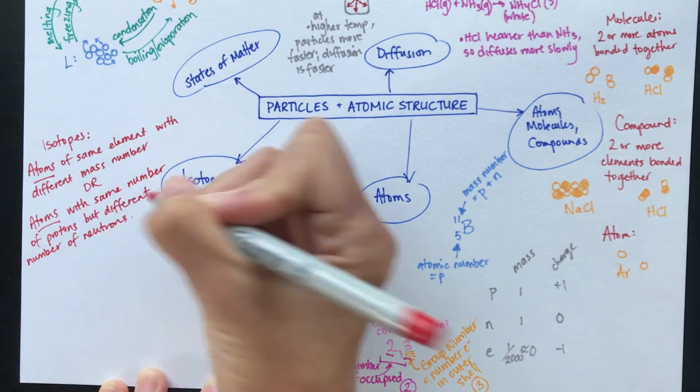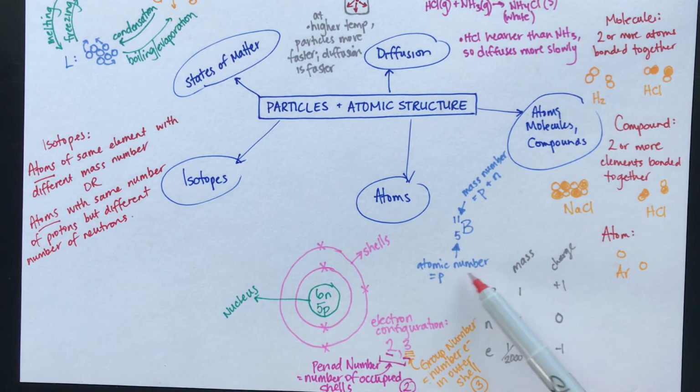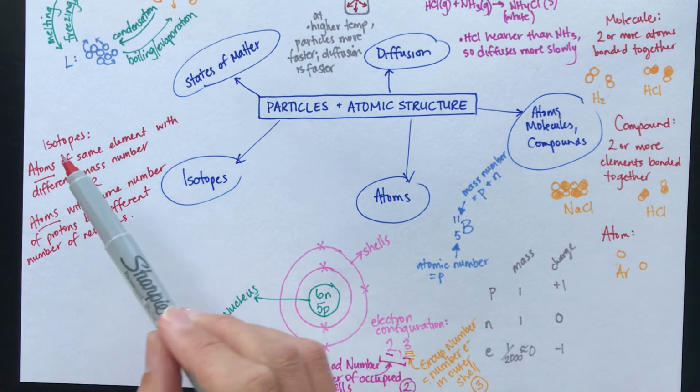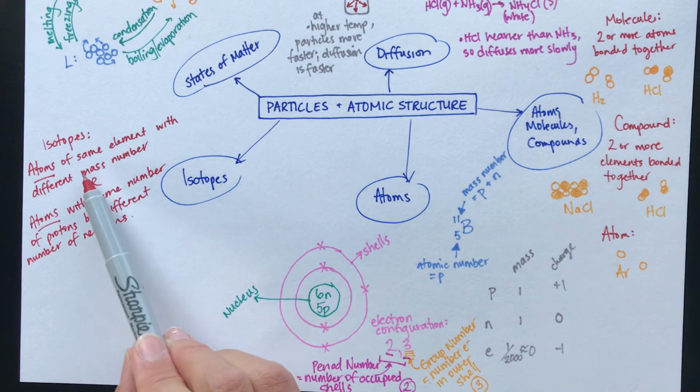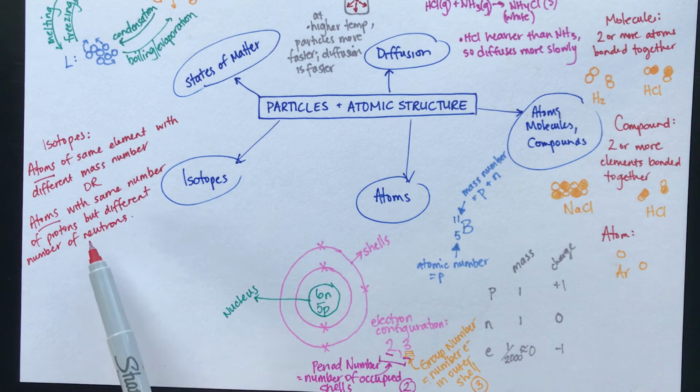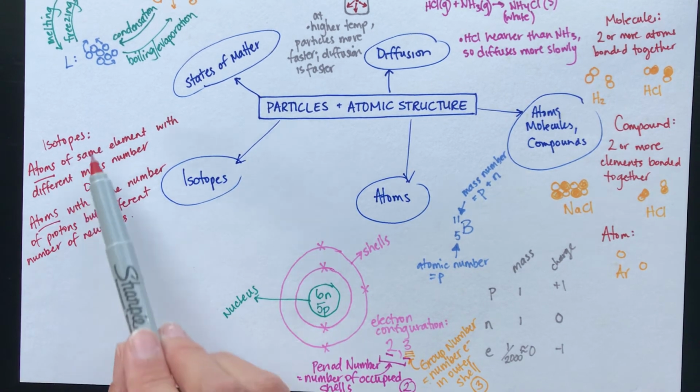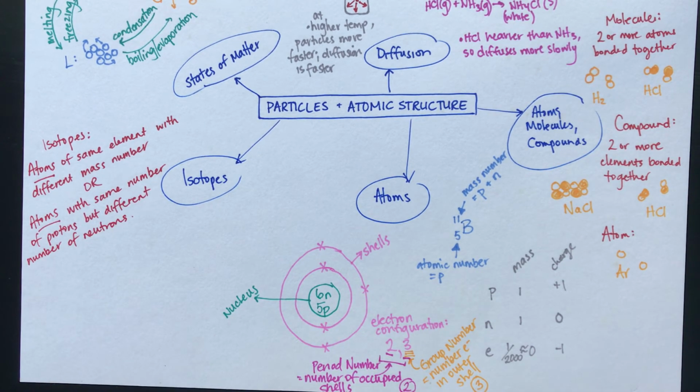And it accomplishes the same thing. Every element would have its own atomic or proton number, so same element is the same thing as same number of protons. And the only way an element can have a different mass is if it has a different number of neutrons. So these are absolutely equivalent. Just look at the question to help you decide which one they are asking you about.